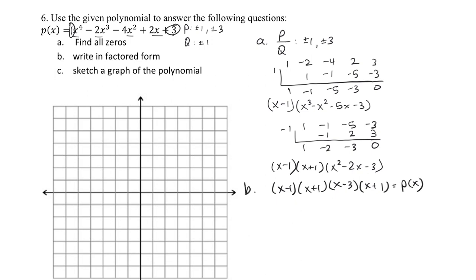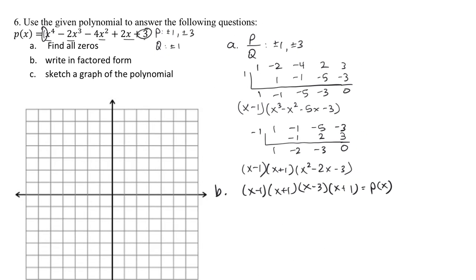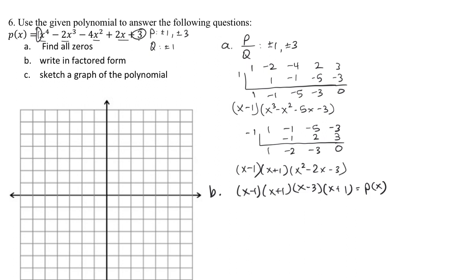For factored form, part A, we can list the zeros as x equals 1, x equals negative 1, and so 1, negative 1, and then positive 3.